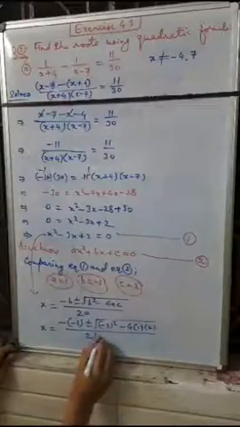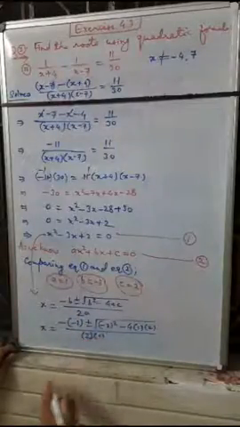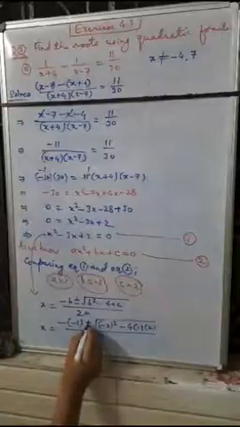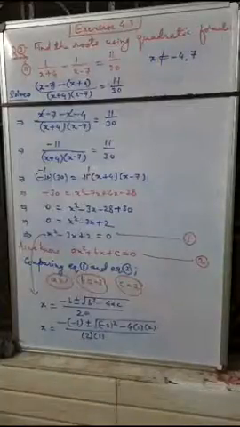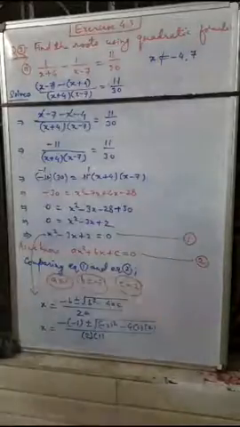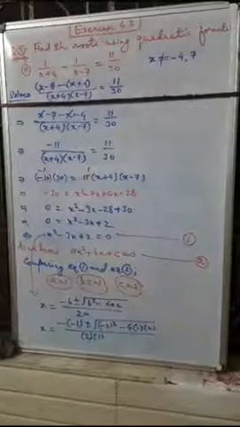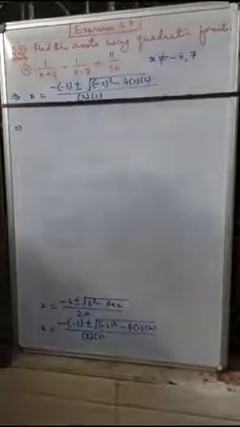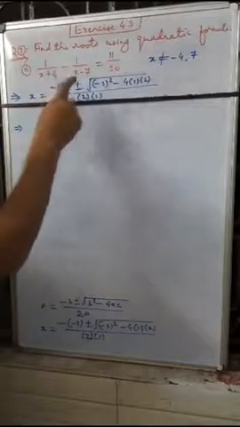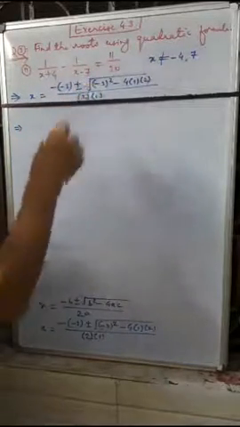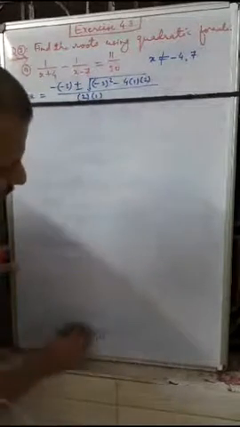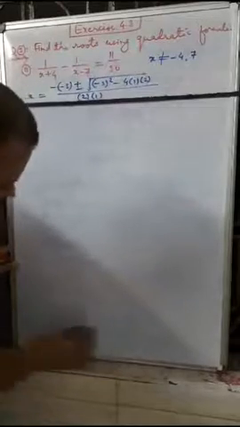Now we can simplify this and find the value of x easily. So x is equal to minus of minus 3, plus or minus under root of minus 3 square minus 4 into 1 into 2, upon 2 into 1.